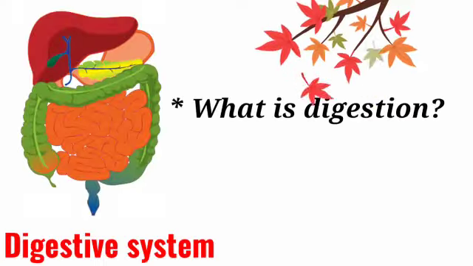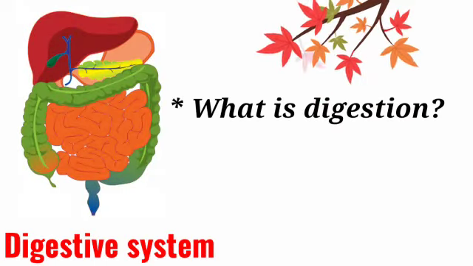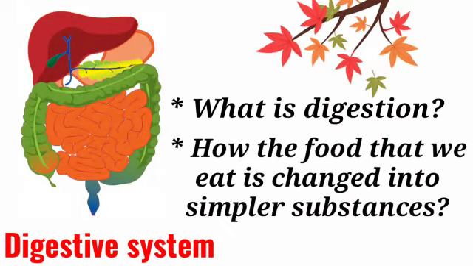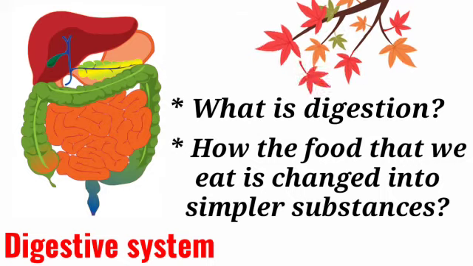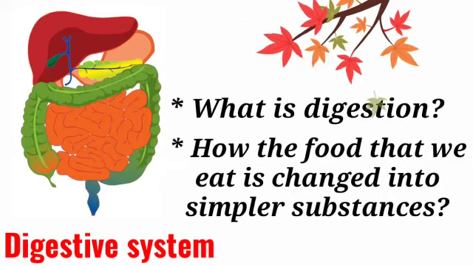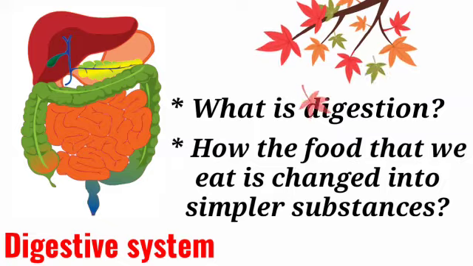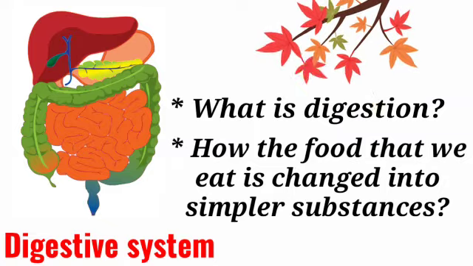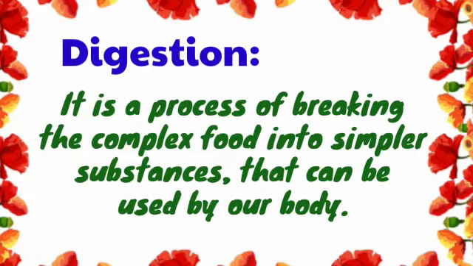Let's learn what is digestion and how the food that we eat is changed into simpler substances. Digestion is a process of breaking the complex food into simpler substances that can be used by our body.